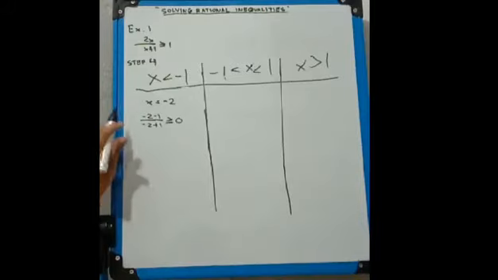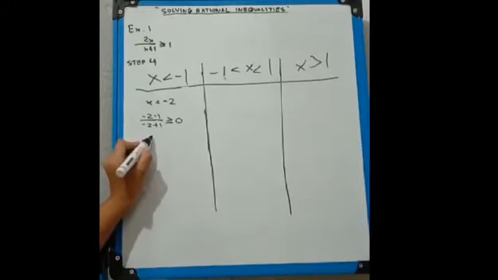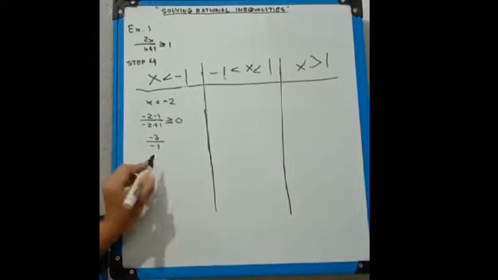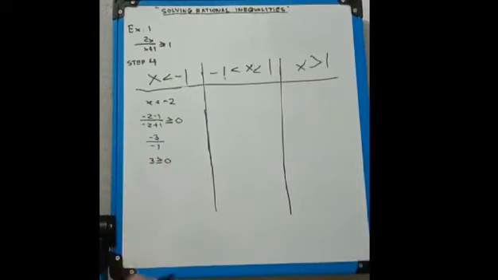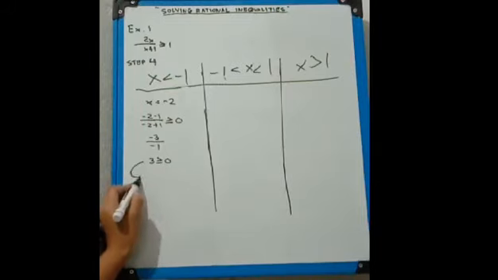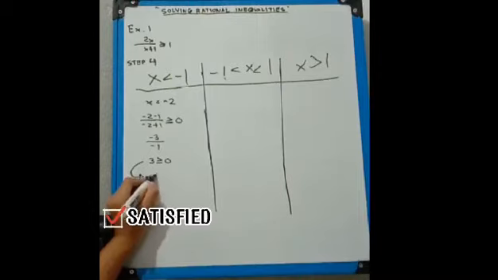Negative 2 minus 1 is equal to negative 3, over negative 2 plus 1, which is negative 1. Negative 3 divided by negative 1 is equal to 3, greater than or equal to 0. Since 3 is greater than 0, this solution is satisfied.